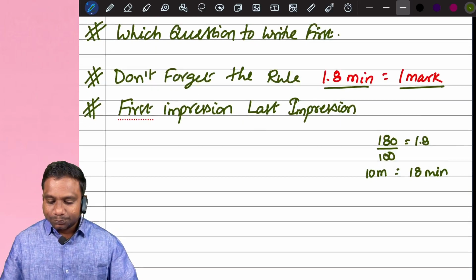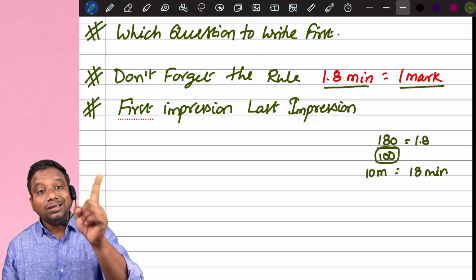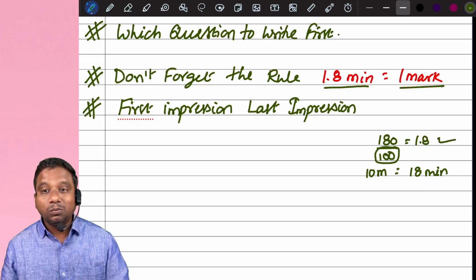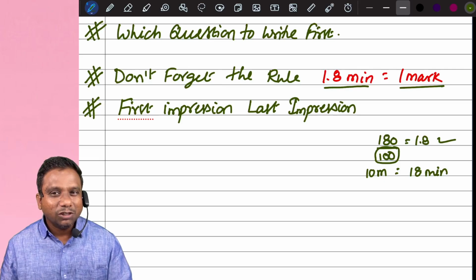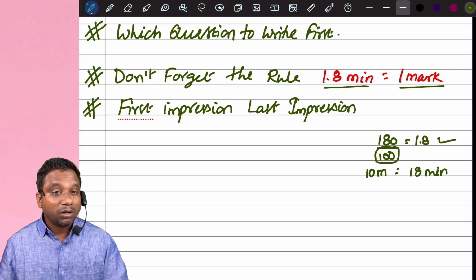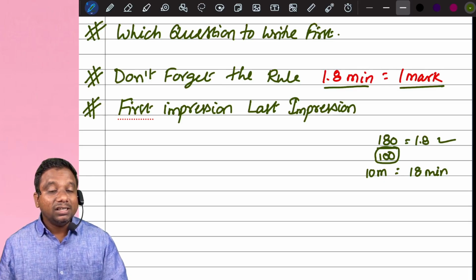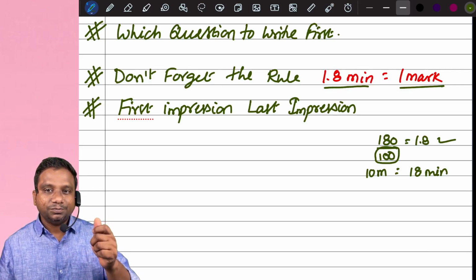And suppose you want to attempt the 100 marks question paper, then you have 1.8 minutes per mark. Suppose you attempt only 80 marks, or only 70 marks perfectly, then automatically the time may be more.